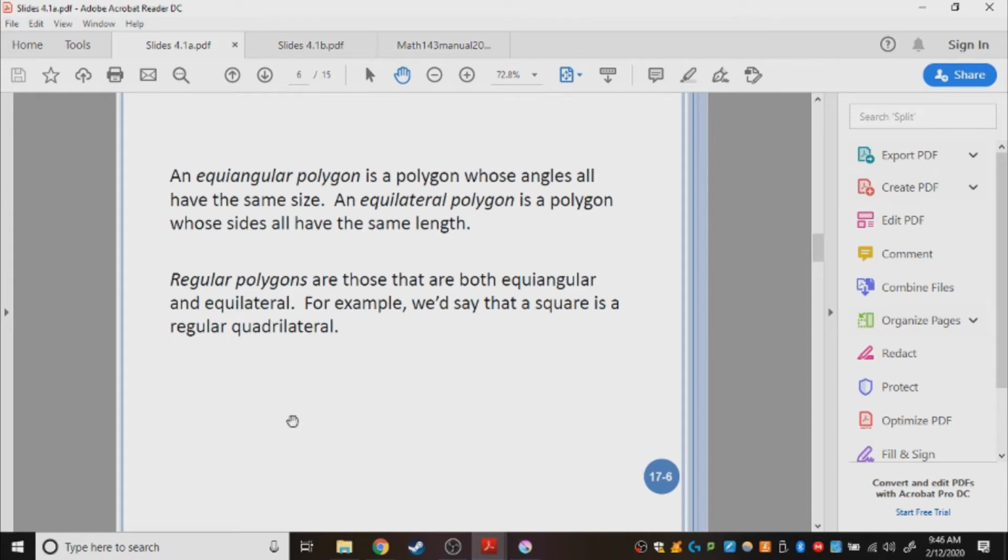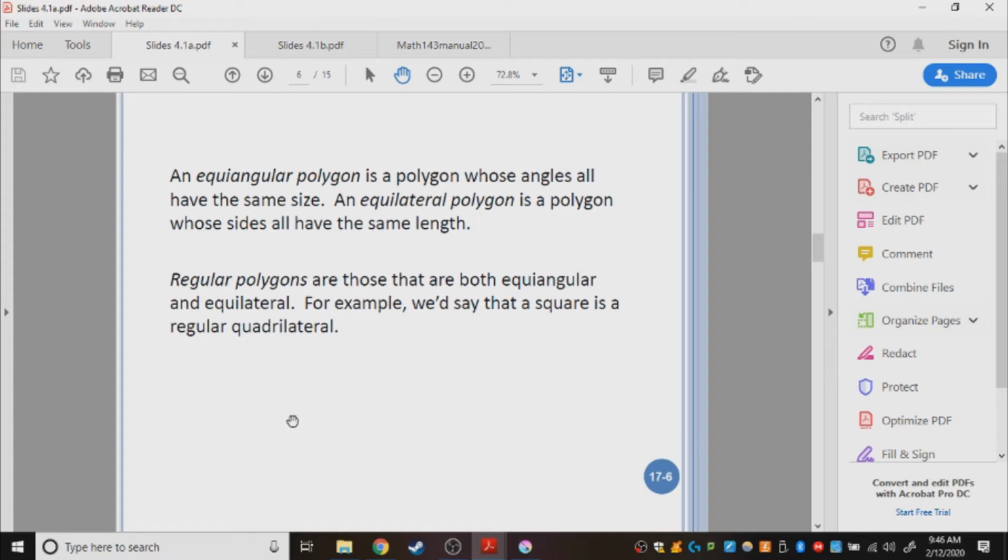So we have 2 kinds. An equiangular polygon is one that has the same equal angles. Equiangular, equal angles. Equilateral, equal sides. Equilateral.